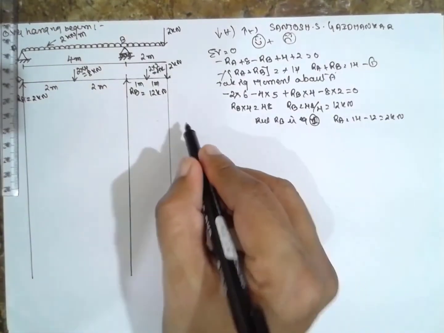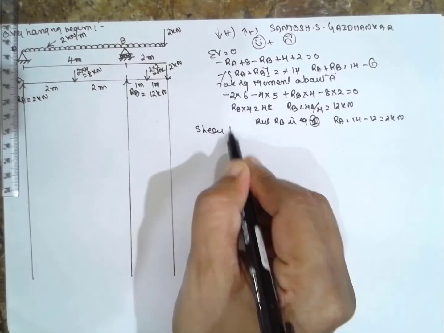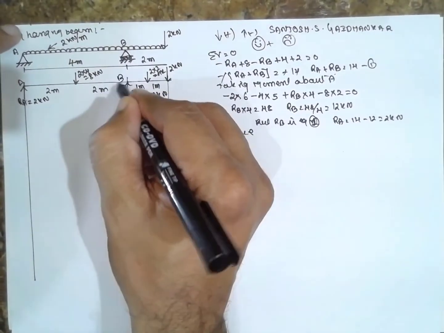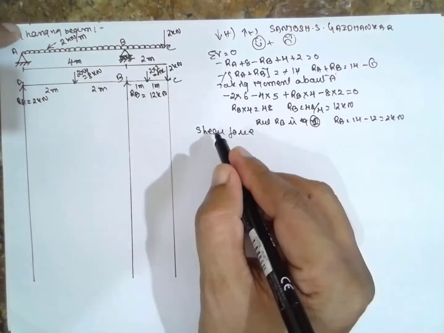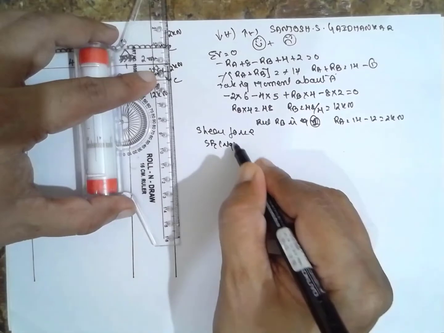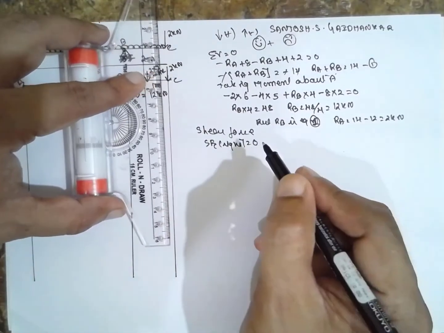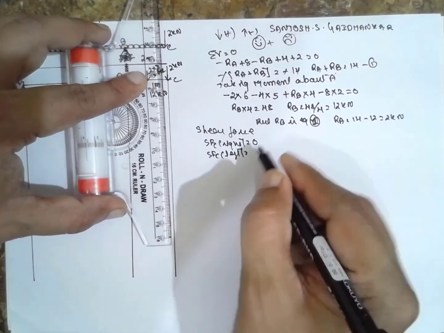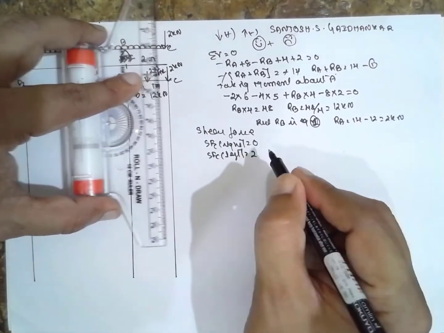Now shear force. Now this is point A, B, C. SF at C on right side, no load, 0. On left side, SF at C on left side, 2.